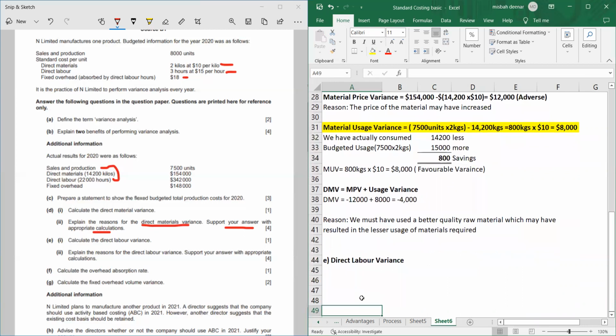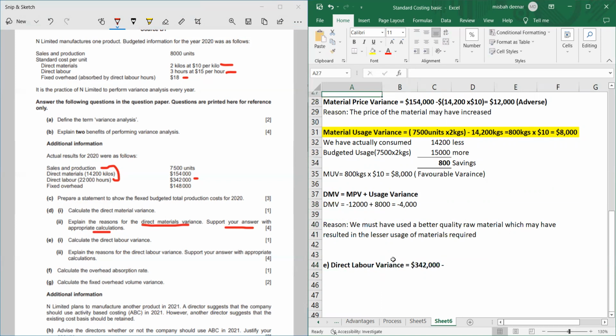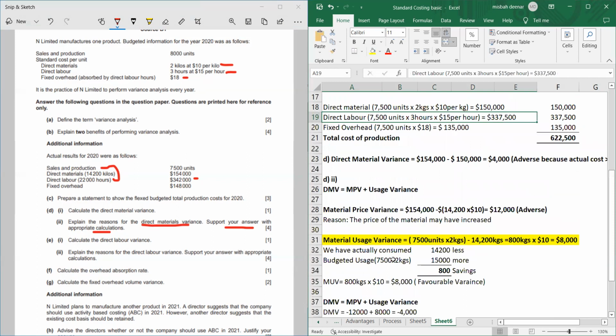So for direct labor variance, simply we would find the actual. The actual labor cost was $342,000, and we budgeted flexed $337,500.